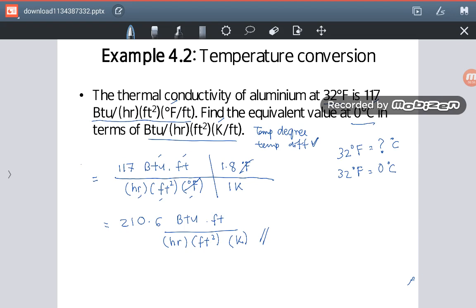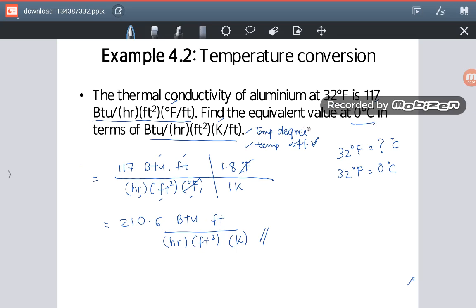And you can see why it's really important for you to identify whether the question is asking about the temperature degree or the temperature difference, as that is the way we solve the problem. For temperature difference, it's just a matter of either multiplying by 1.8 or dividing by 1.8, depending on whether we change from English unit to the SI unit and vice versa.